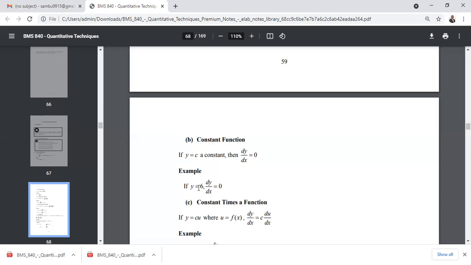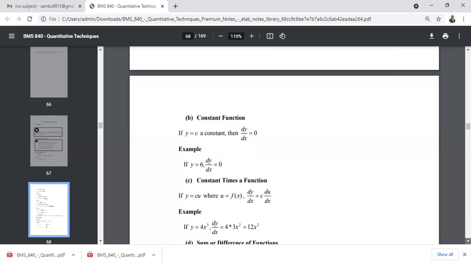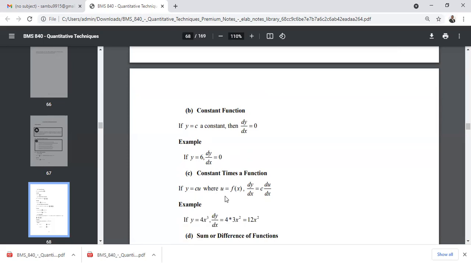If I drop the 0 and multiply by 6, I get 0. So the derivative of a constant is 0. y is equal to 1000, the derivative is 0. y is equal to 632, the derivative is 0. Any arbitrary constant.